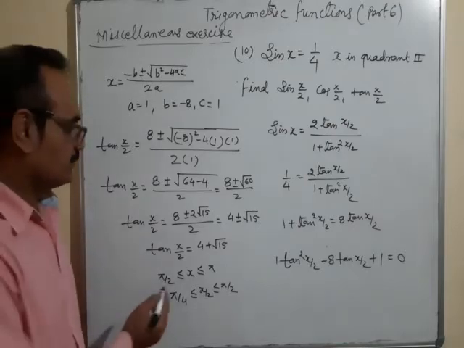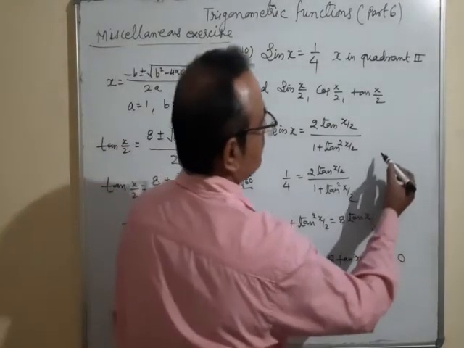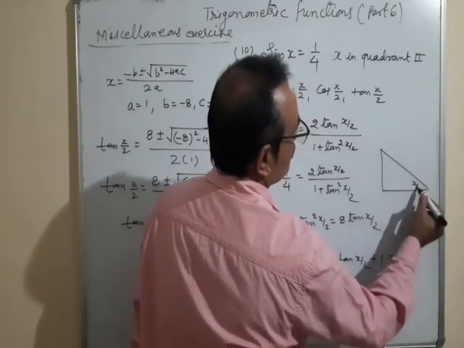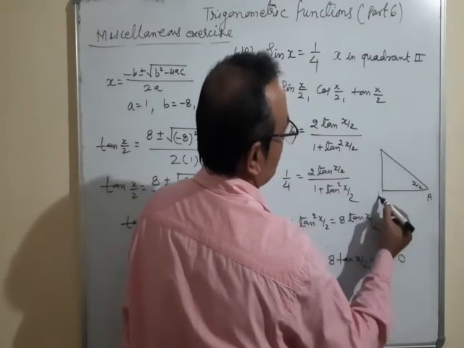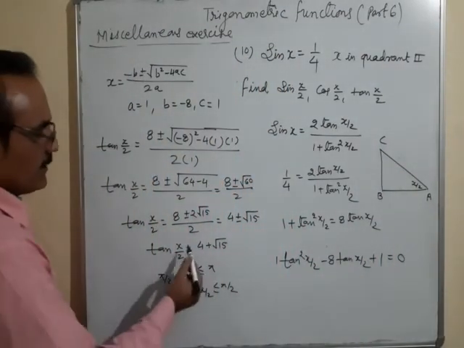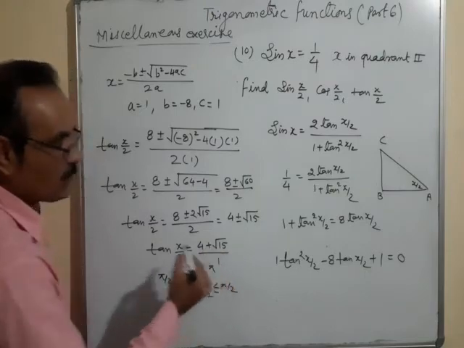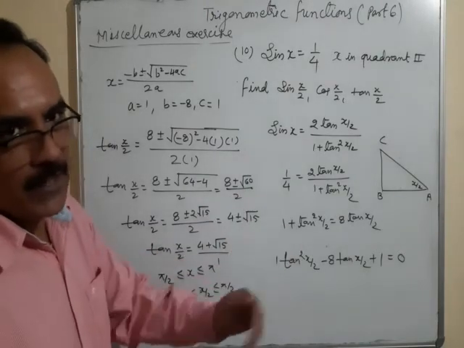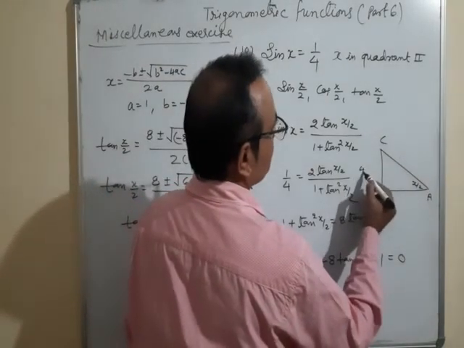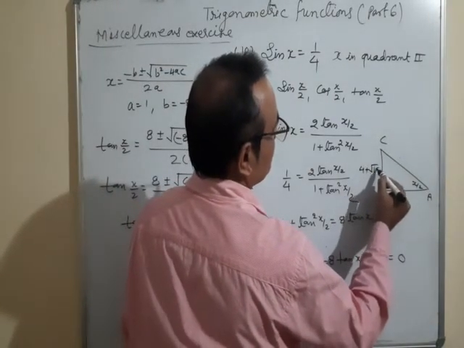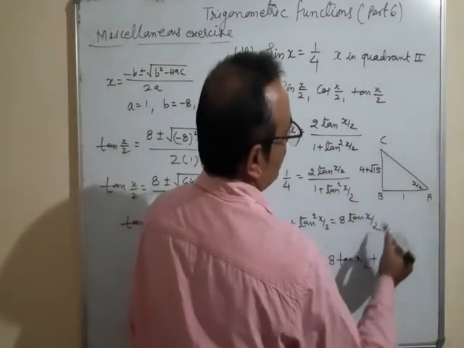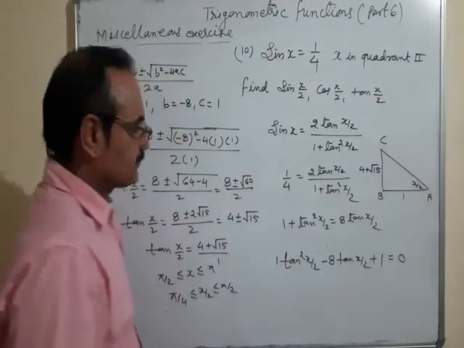After that, we can use a triangle, this is x by 2, with vertices A, B, C. Tan is perpendicular upon base, meaning opposite side upon adjacent side. Opposite side is 4 plus under root 15, base is 1. So what is the hypotenuse?